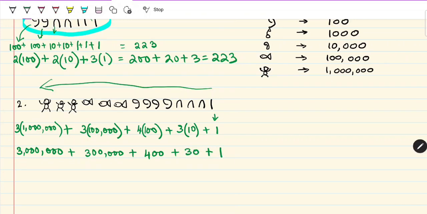So just add them up now. So 3 million, all right, sorry, let's start over. So 3,300,000 and then 431. So that is the final answer.